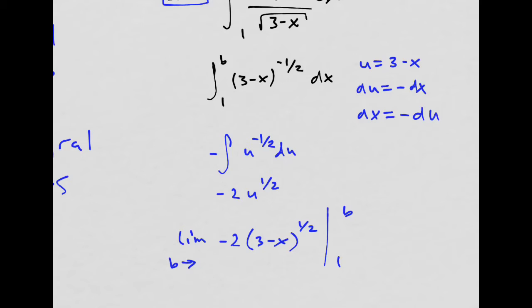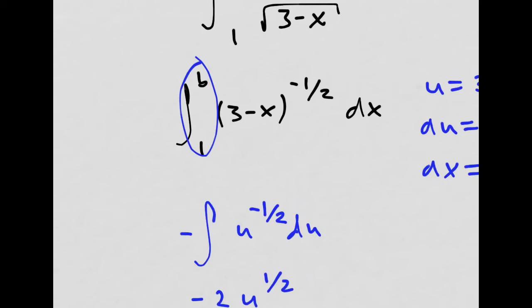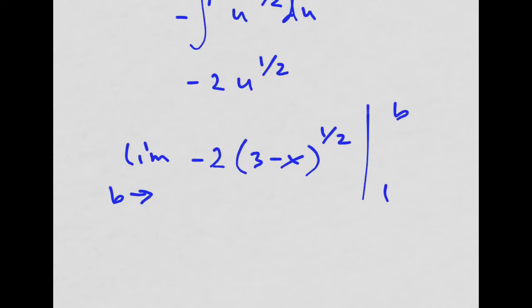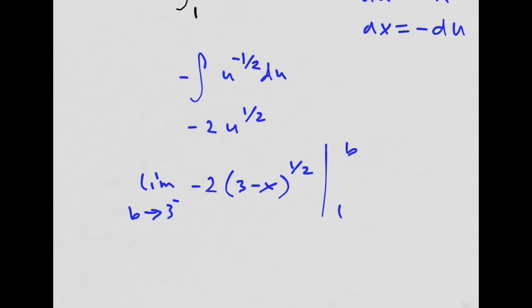Do we understand that we need to approach 3 from the left side? Because the limits of integration only include the left side of 3. Do we understand that? Okay, cool. So, not b. 3 from the left. If we approached it from the right side, our function's not defined there. We have imaginary values in the bottom, so that wouldn't make sense.